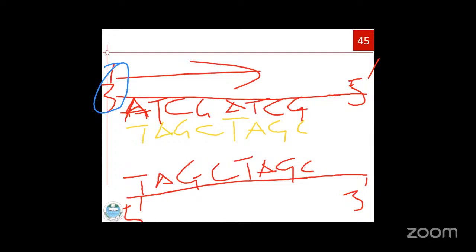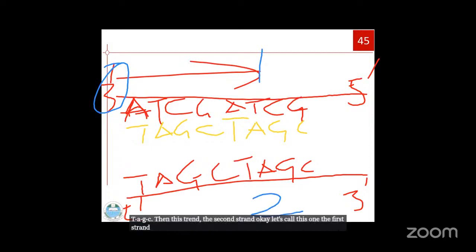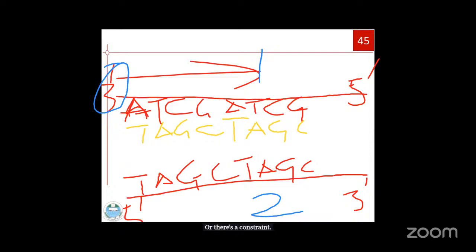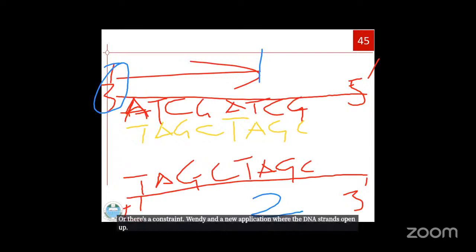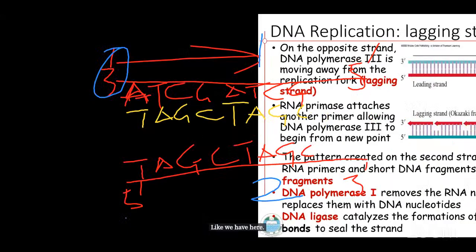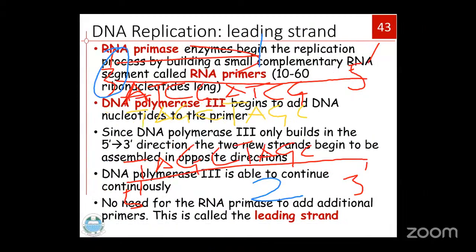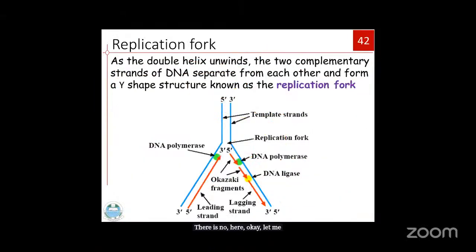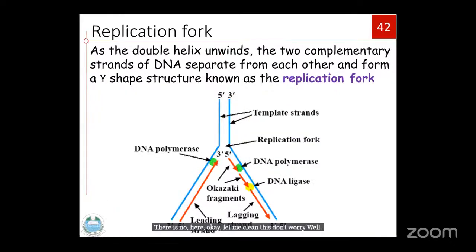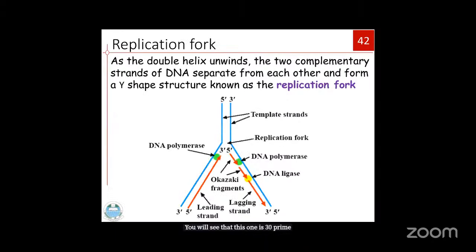Then this strand, the second strand, okay, let's call this one the first strand, let's call this the second strand. On the second strand, when the DNA strands open up, like we have here, you will see that this one is 3' to 5', right?